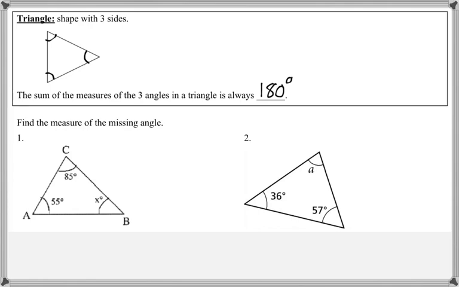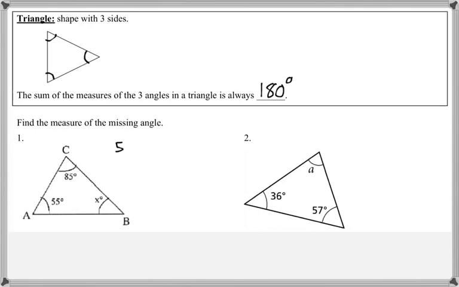So on number 1, we know that one of the angles is 55, one of the angles is 85, and we're trying to find the third angle. There's a couple different ways we can solve this, and it doesn't matter which way you choose.